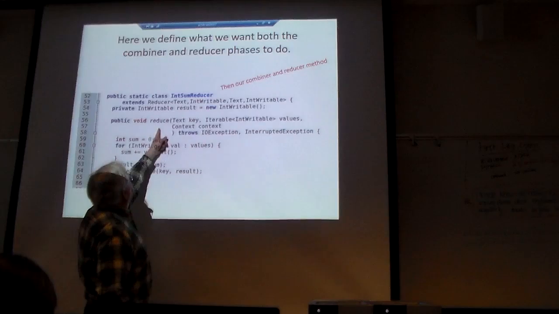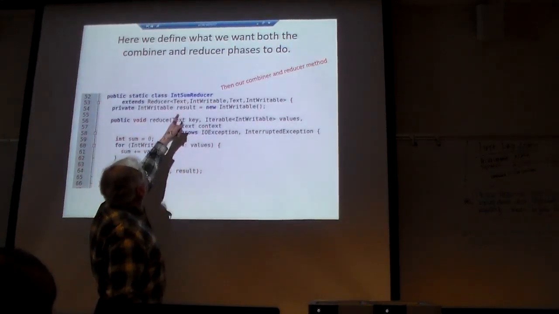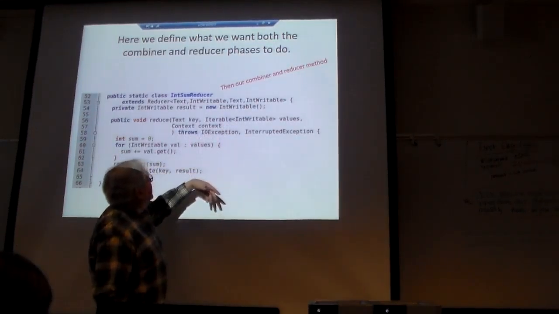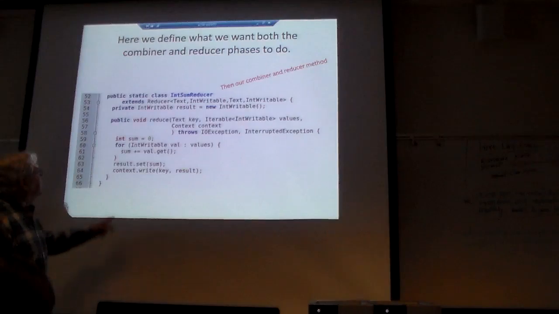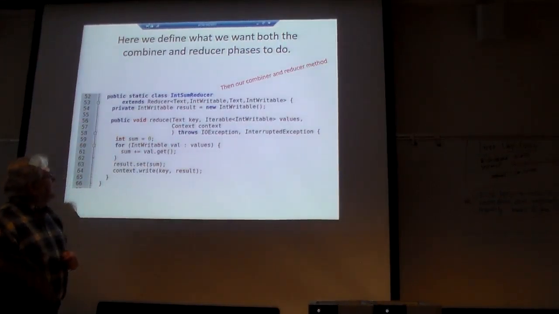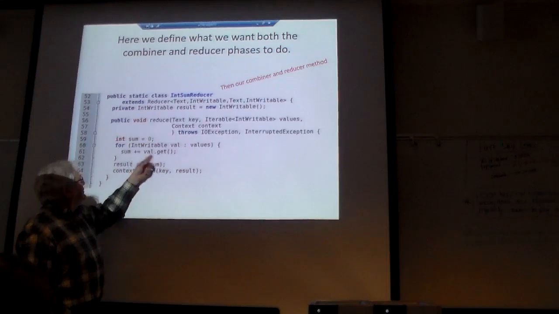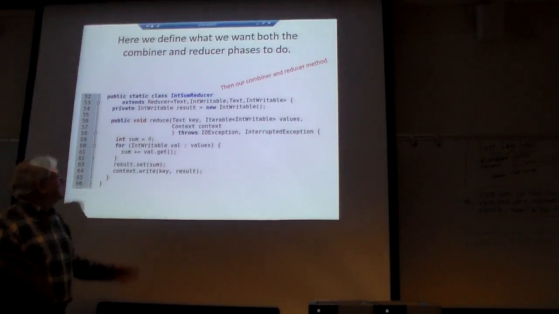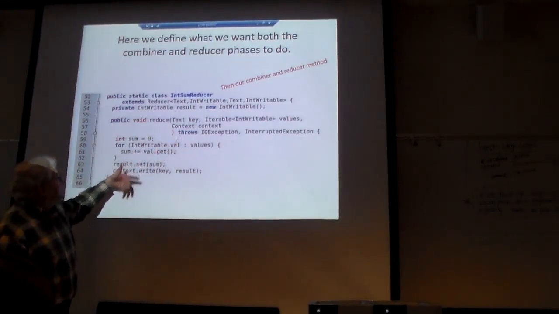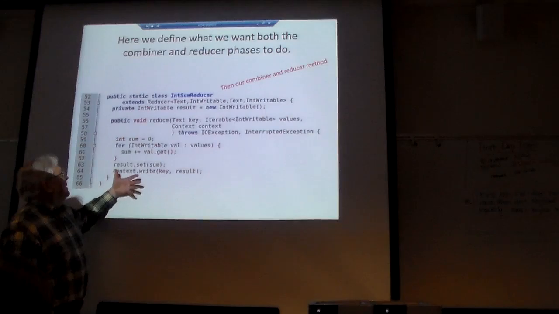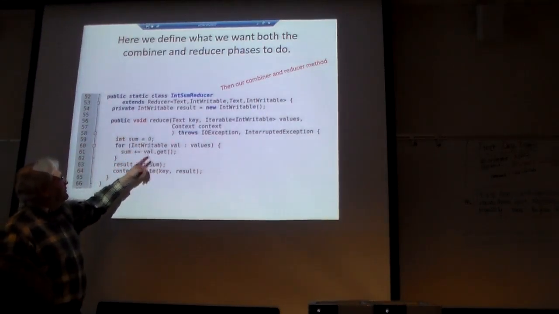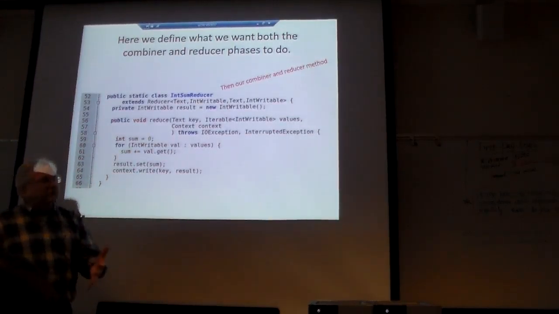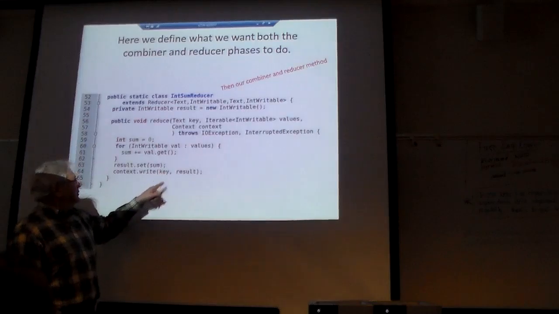And here's a method reduce, which I suspect we got from the parent, and you pass in a key and some context and tell it what exceptions to throw, and then you're keeping track of a sum, and then for IntWritable values, you're adding it up, and then you write a key to the result. I don't know the magic of this, but you can see what it's showing is for any word that it finds, it's counting up how many it found. For however many it found, it writes that number here. So if it found indeed 4 times, it's going to put a 4 there, and it's going to put indeed there.